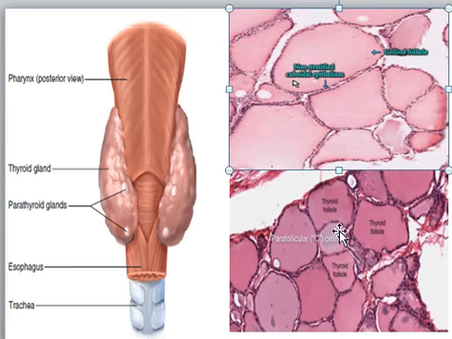In this other slide we see the parathyroid cells, which are the cells of the parathyroid gland, and they secrete parathormone, which controls the calcium level in the body.